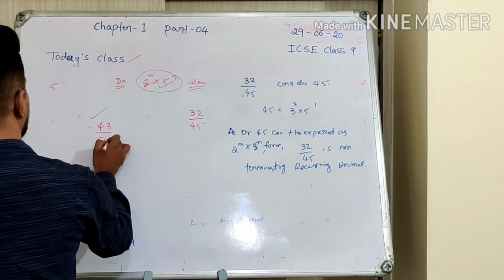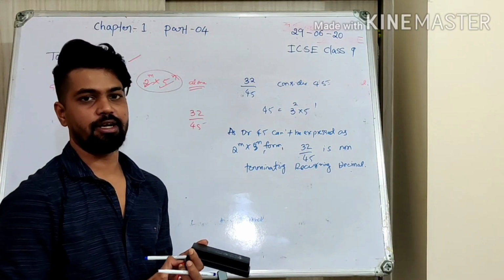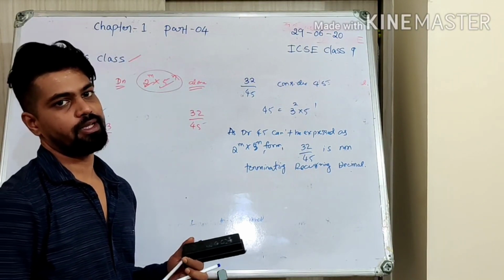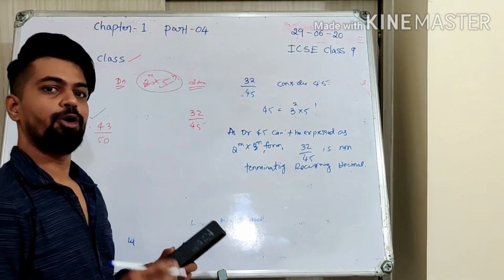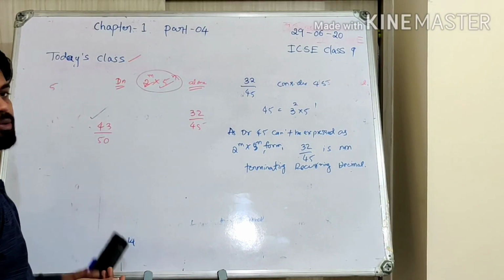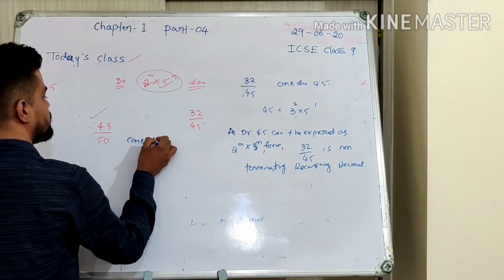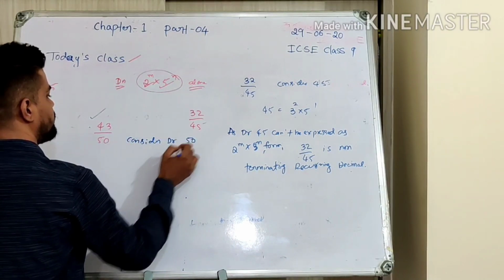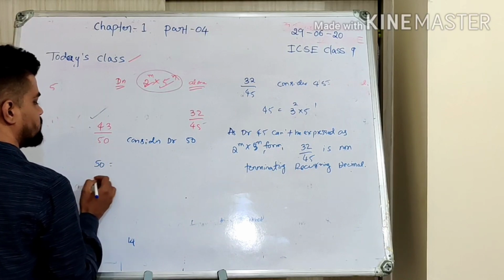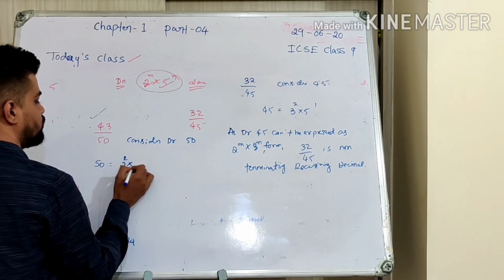43 by 50. So I'm telling you any number divided by 25, 50, 100, 150, 200, these are all going to be terminating decimal because they can be always represented in terms of 2 power m into 5 power n. Okay. So consider here also the denominator 50. So 50 can be expressed as 2 power 1 into 5 power 2.